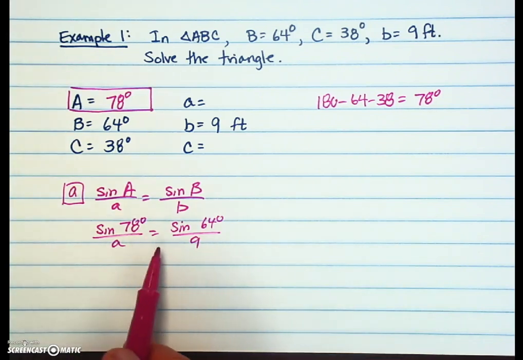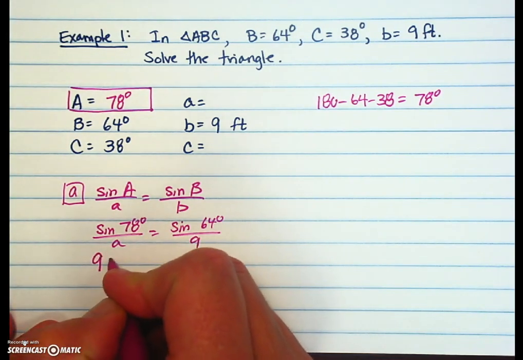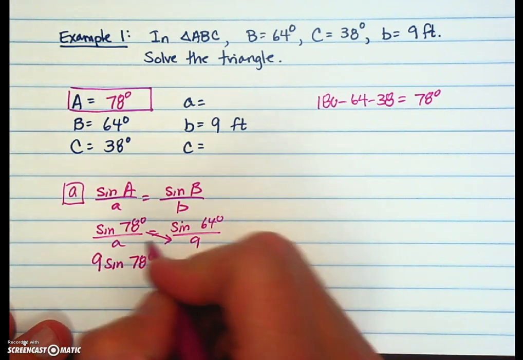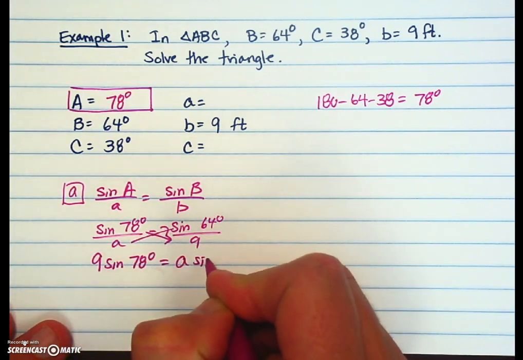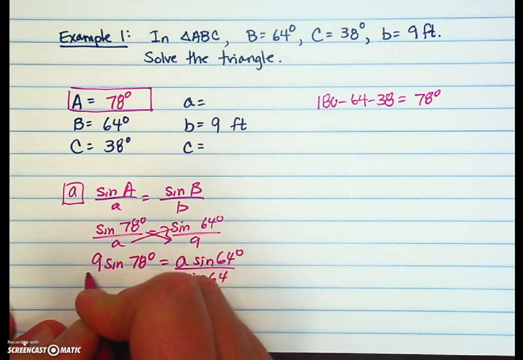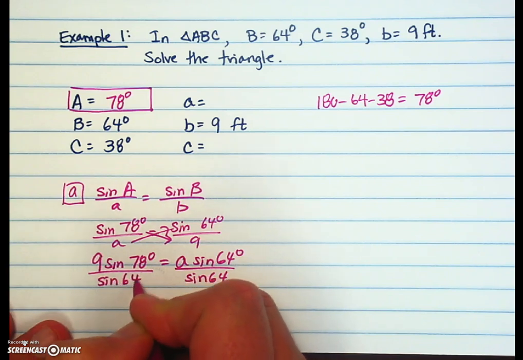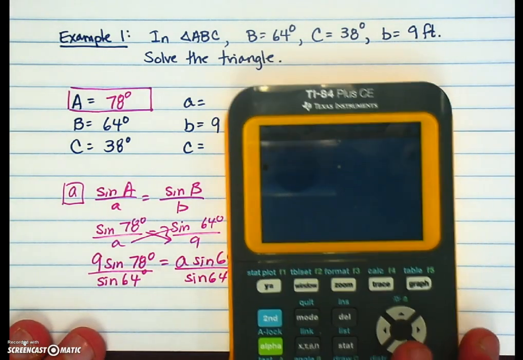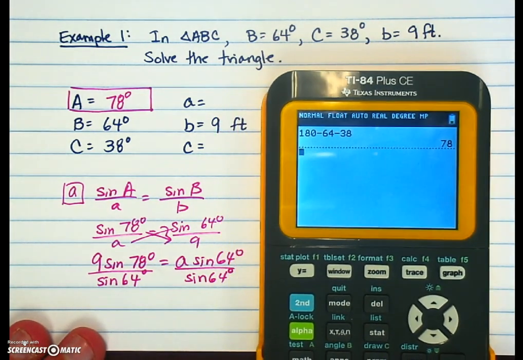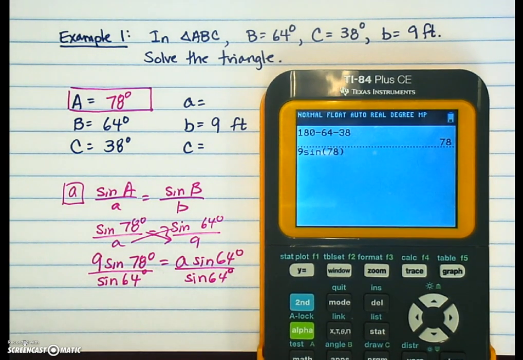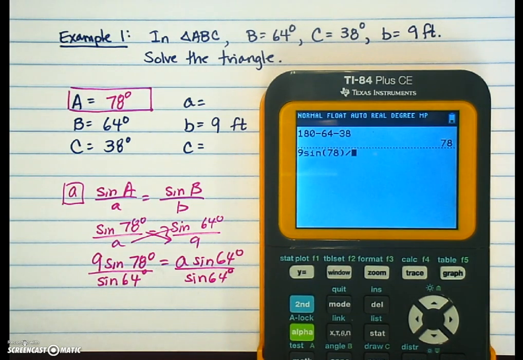Since we have a proportion, we cross multiply. Here that gives me 9 times the sine of 78, and here I get a times the sine of 64, and I'm going to divide both sides by the sine of 64. I can just type that into my calculator: 9 sine 78, close the parentheses after the 78, divided by, and I'm going to put the sine of 64 in parentheses.